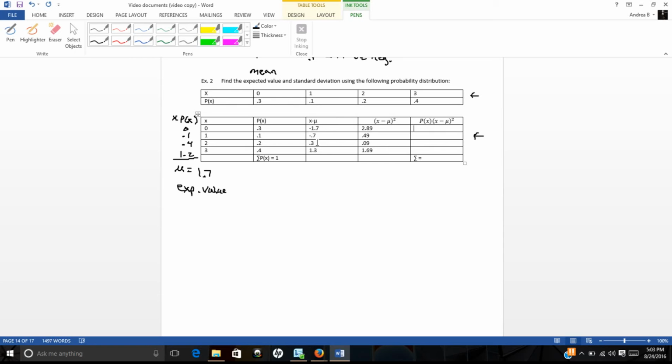Remember, probabilities already have how many values there are included in that calculation. So our next step is to multiply that probability times the values in the previous column. What we should get are these values here. I'm going to type them in. Again, it's a good idea to go through and double check and see if you get the same thing or not.